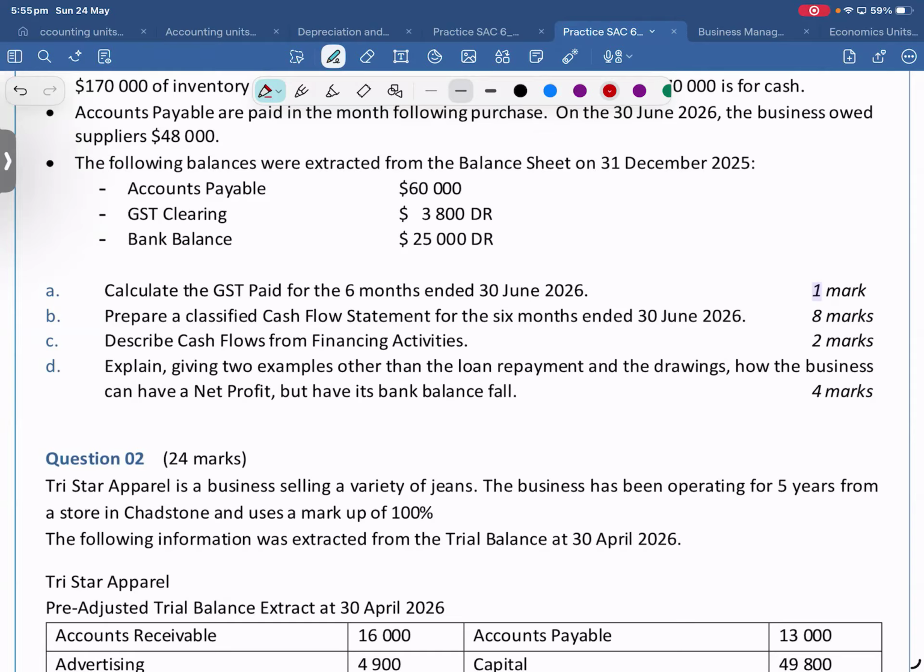Now, this part D is a compulsory question in VCE. Every time you will have it. This is the hard part. They are giving you restrictions, limitations: give two examples other than these two.